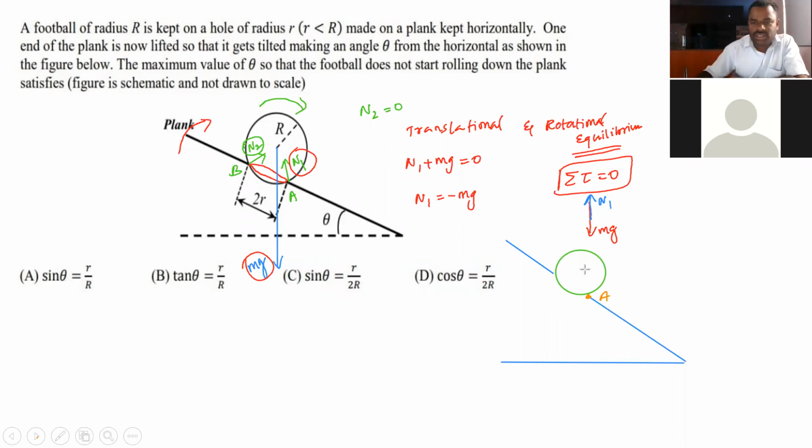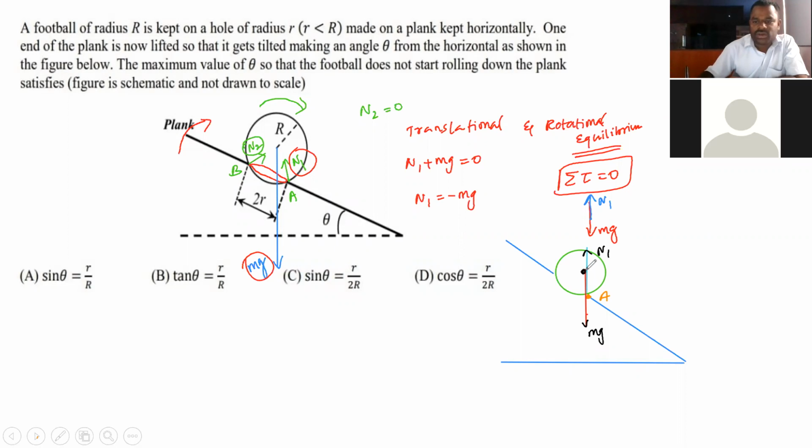Now mg is acting from the center downward, and normal reaction N1 is acting upward.